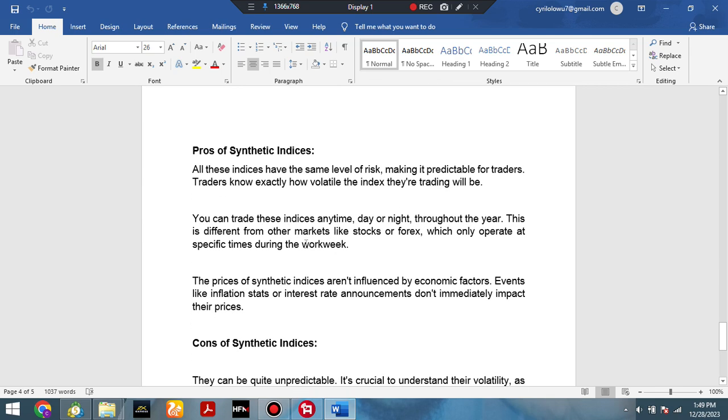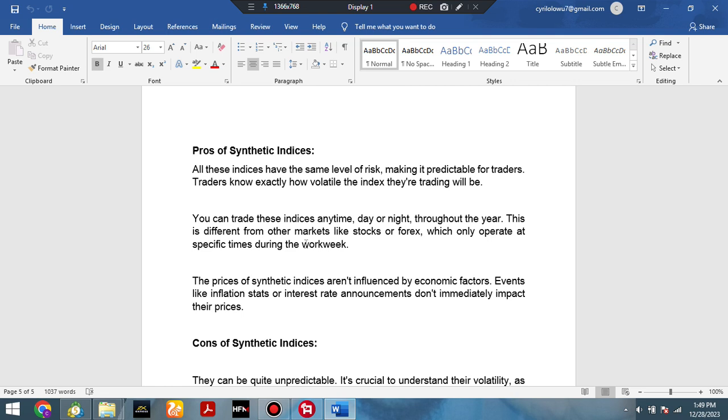Pros of synthetic indices are all these indices have the same level of risk, making it profitable for traders. Traders know exactly how volatile the index they are trading will be. You can trade these indices anytime, any day, day or night, throughout the year.